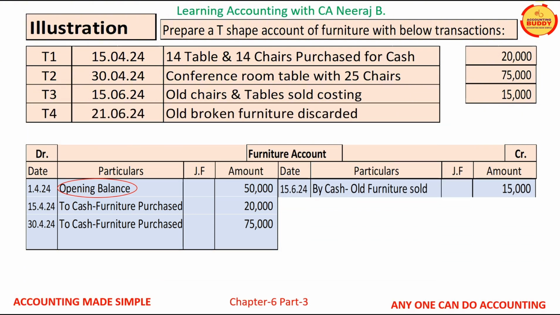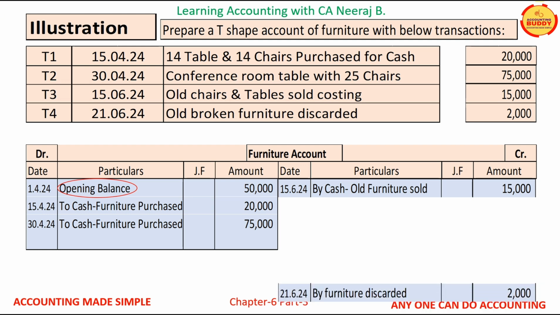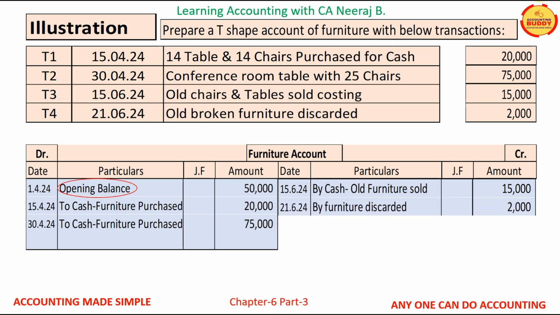Transaction T4 is broken furniture worth 2000 was discarded by the business. This transaction will also result into decrease in the value of the asset, that is furniture. Therefore, it will be recorded on the right hand side, that is the credit side of the furniture account.